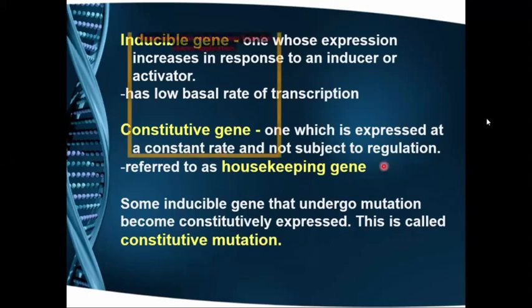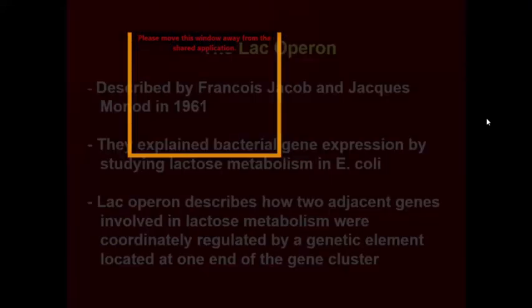It is a gene that is constantly being transcribed into RNA and translated into a protein. Okay? It is always there. And that's the reason why it is called housekeeping gene. Okay? And inducible gene may undergo mutation and transform into a constitutive gene. And you call that constitutive mutation.